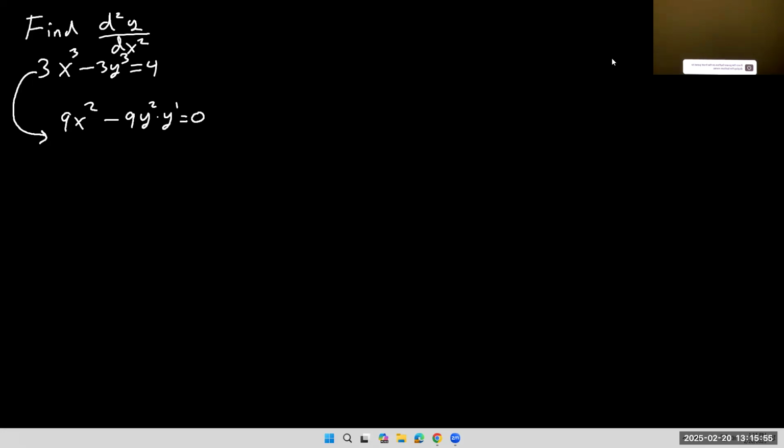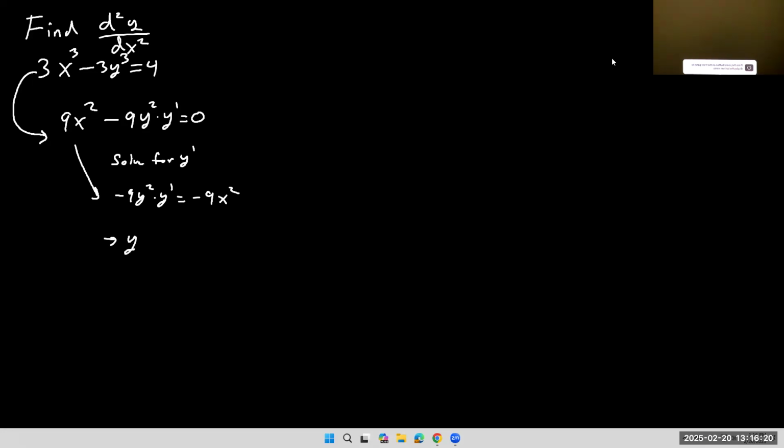So because of this, we need to solve for y prime. If we solve for y prime, what's going to happen? This is going to become negative 9y squared y prime equals negative 9x squared.